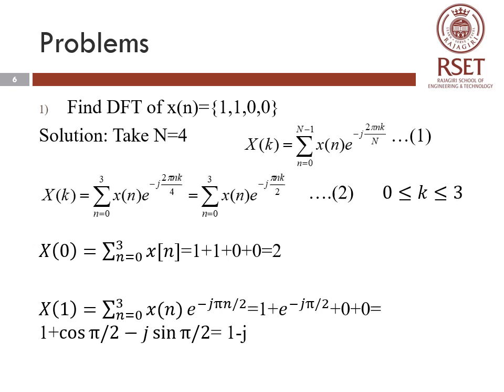The result is 1 plus e raised to minus j pi by 2 plus 0 plus 0. And what is e raised to minus j pi by 2? It is cos pi by 2 minus j sin pi by 2. Cos pi by 2 is equal to 0. What about sin pi by 2? Sin 90 is 1. So the result is 1 minus j sin pi by 2, which is 1 minus j.